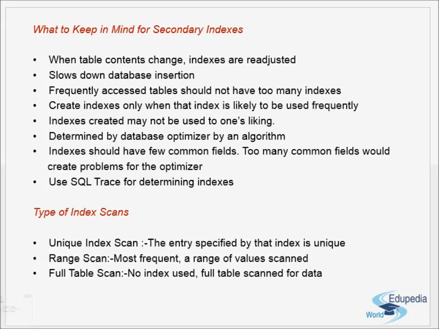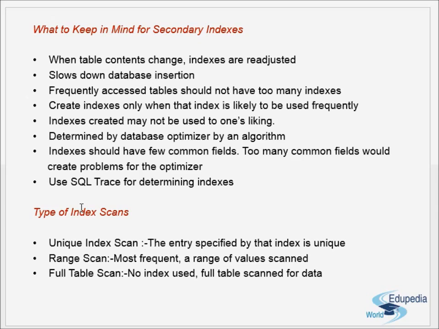Now, what to keep in mind for secondary indexes? When table contents change, indexes are readjusted. This slows down database insertion. Frequently accessed tables should not have too many indexes. Create indexes only when that index is likely to be used frequently.